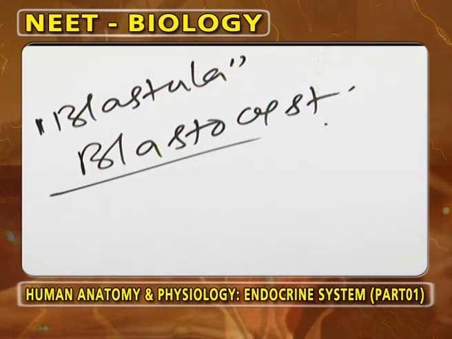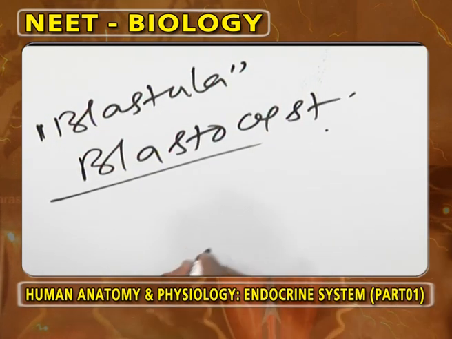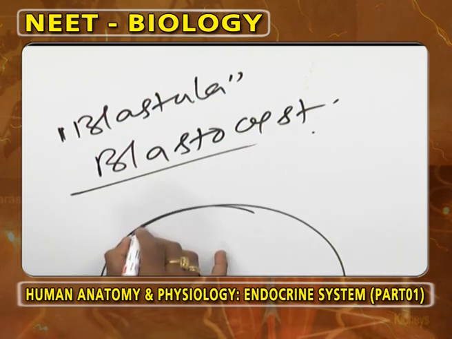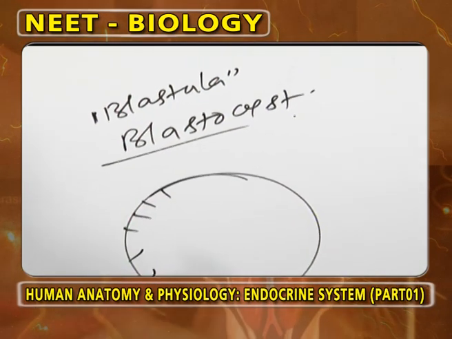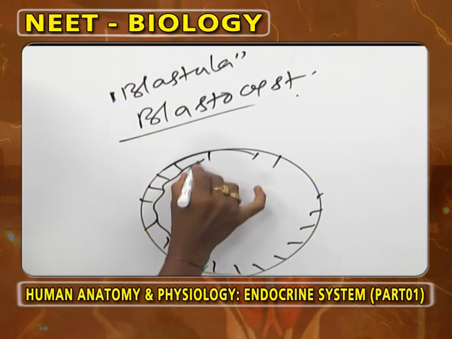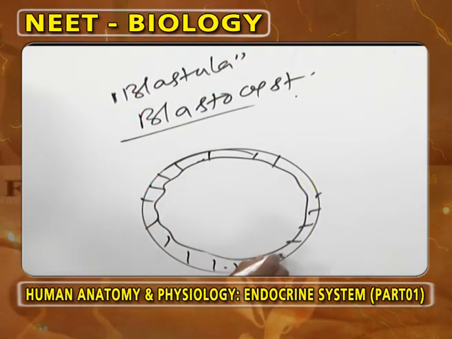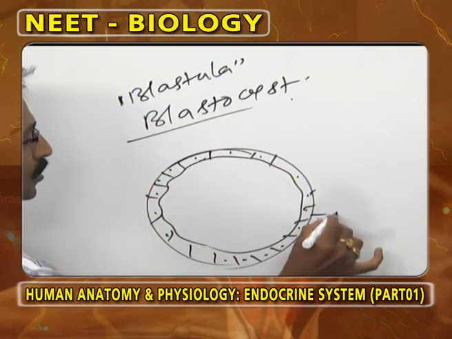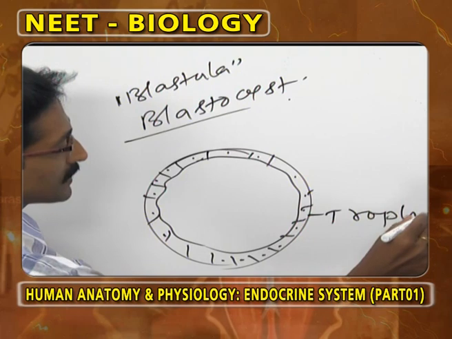We know very well. Now as we observe the blastocyst, this outer layer we call the trophoblast cells. You observe the diagram. These are the trophoblast cells.